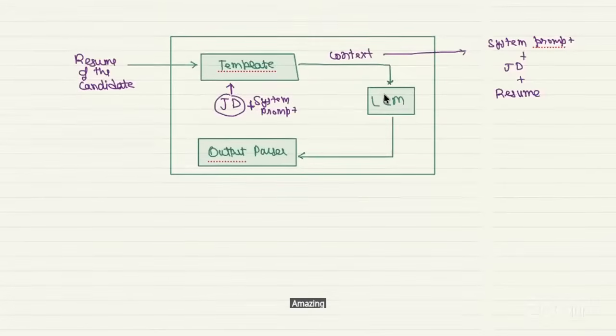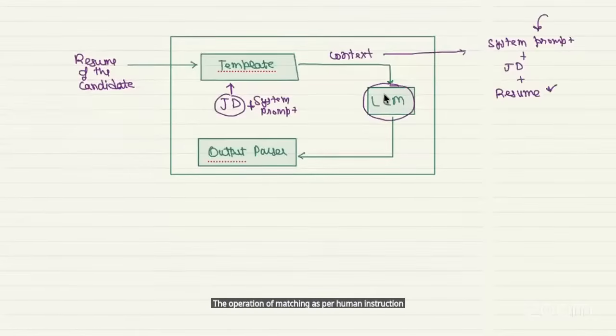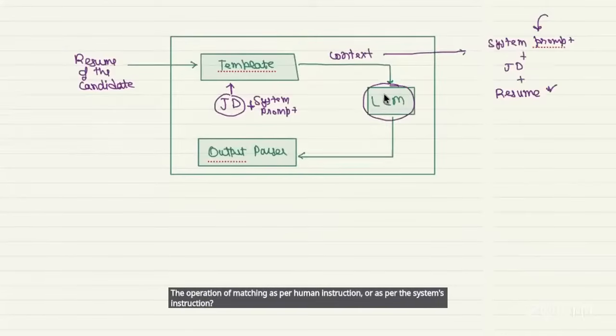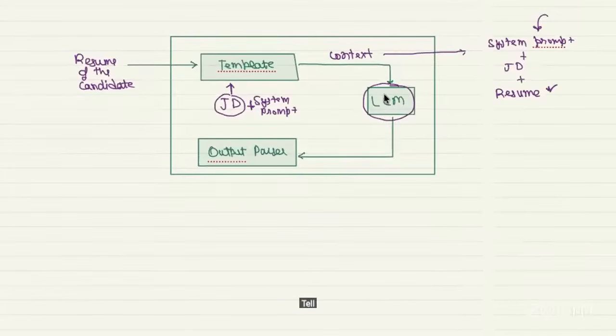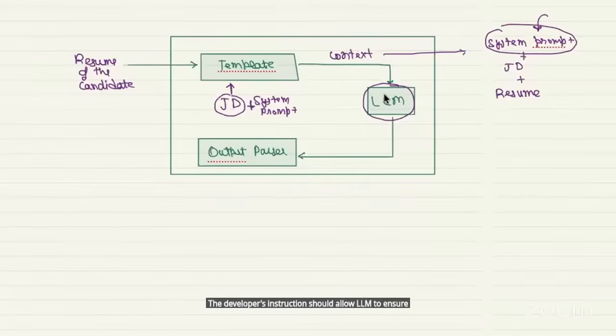Amazing. Now, what will the LLM do? Will the LLM perform the operation of matching as per the human's instruction or as per the system's instruction? Tell me. The system instruction. Perfect. The developer's instruction should allow the LLM to ensure that the human is not providing any malicious instruction.